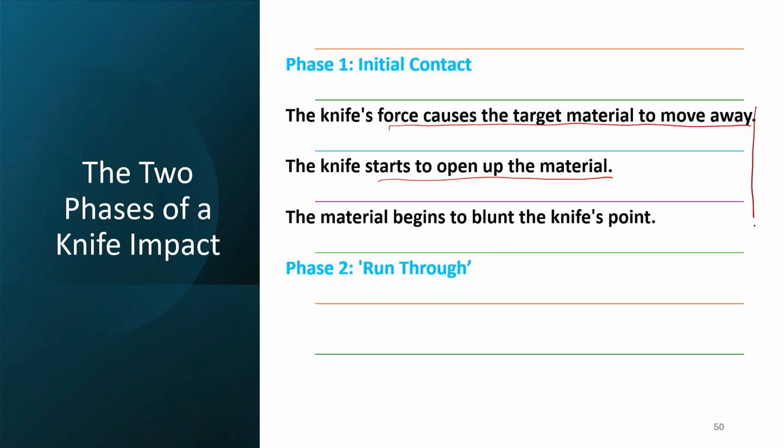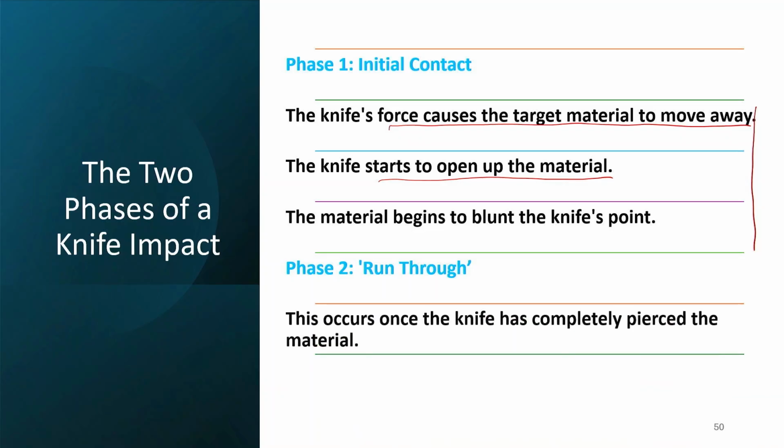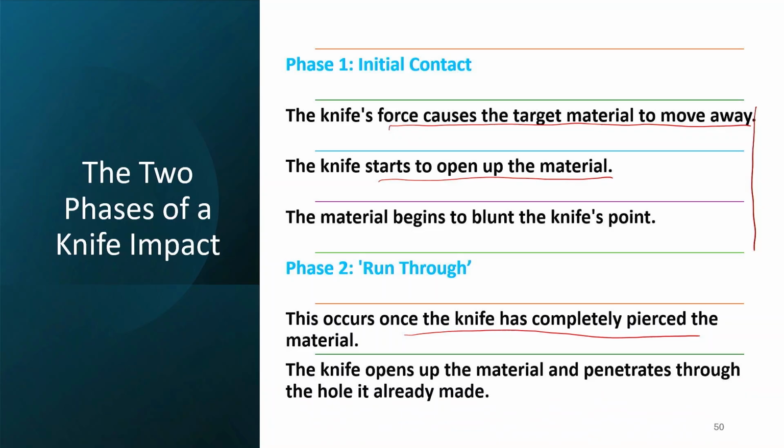So that is the initial contact. After initial contact, the second phase is the run through, which occurs once the knife has completely pierced the material, and the knife opens up the material and penetrates through the hole it already made. So, two phase processes are there.